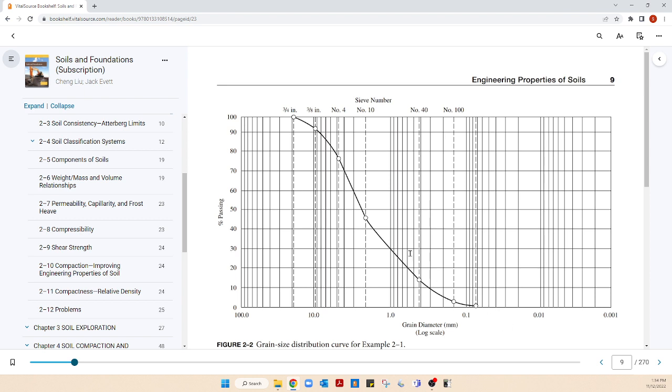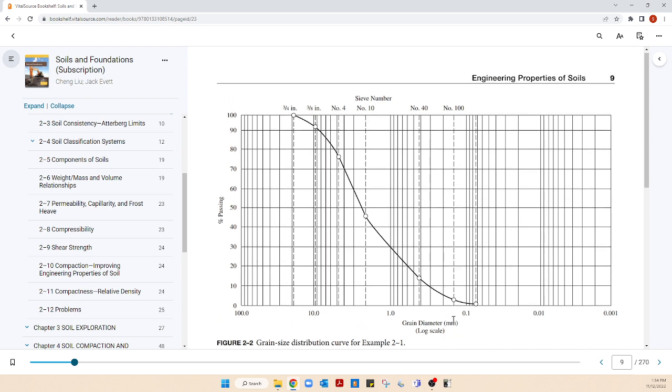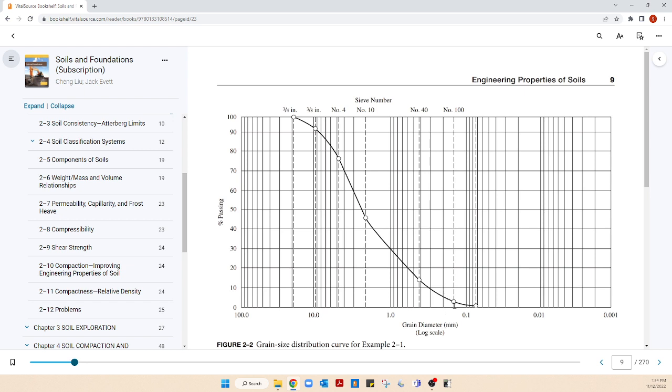This is what we'll end up knowing how to plot: a particle or grain diameter, log scale, grain size distribution curve. Once we get this, we can move on to the coefficients of uniformity and coefficients of curvature. I've seen what you can do with some complicated math. So we're going to keep moving on into the Atterberg limits, plasticity, and all those things that also go into classification of soils. But for now, let's just take a quick look at this.